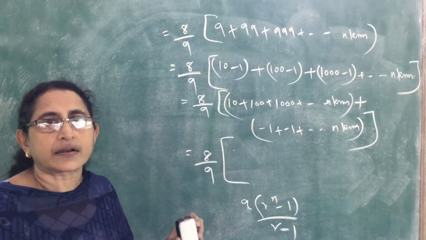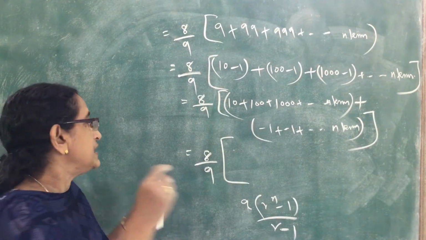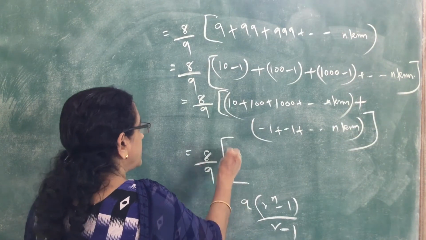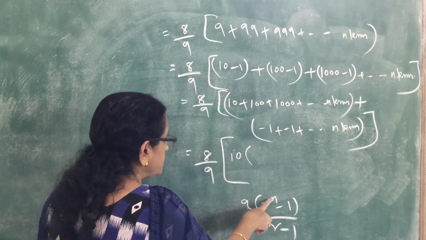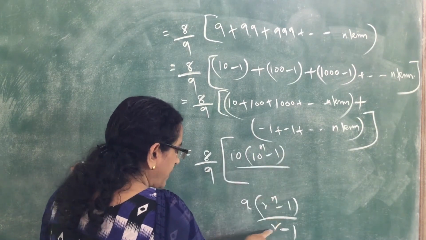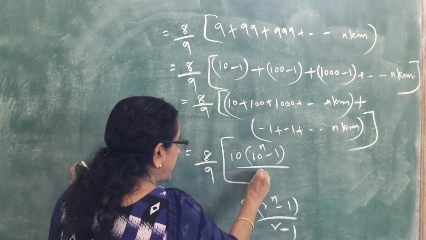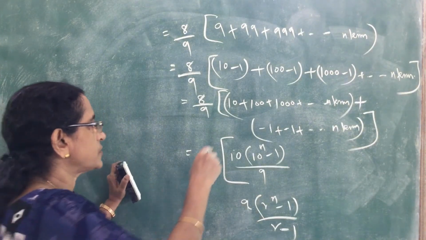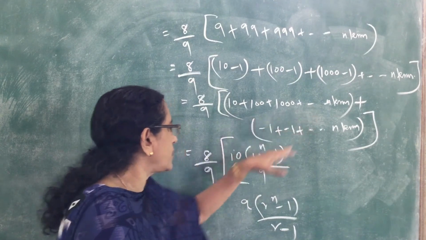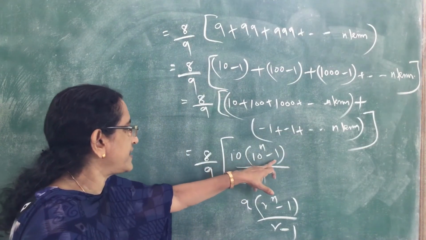So A and R both are equal to 10. So I am going to substitute in this formula. A means 10, so 10 into R raised to n, R means 10, so 10 raised to n minus 1, by 10 minus 1, that is 9. So this sum is equal to 10 into 10 raised to n minus 1 by 9.